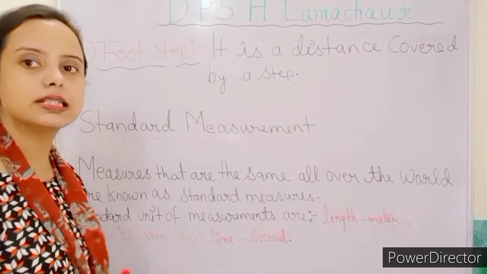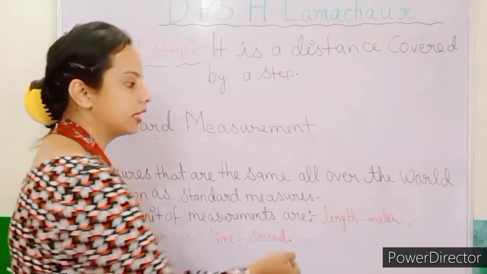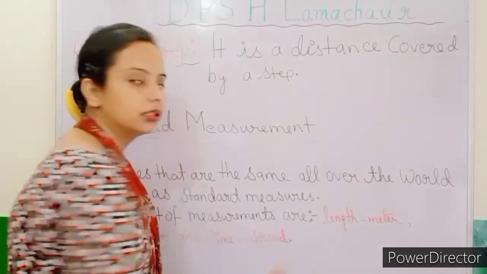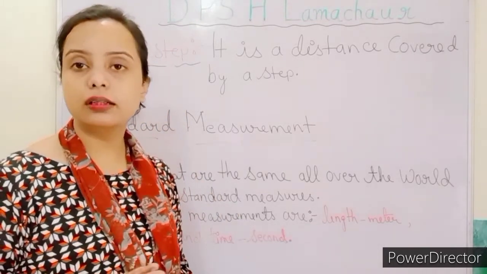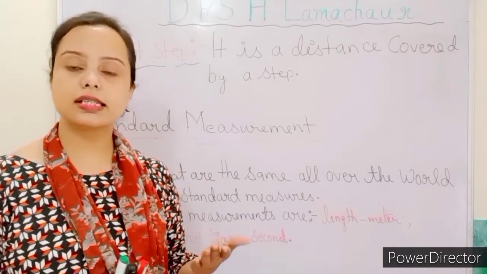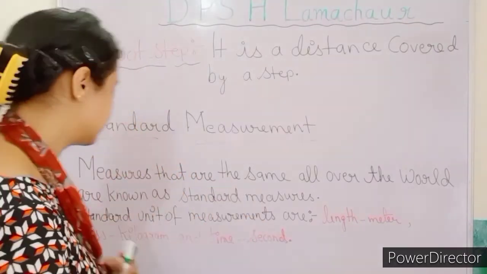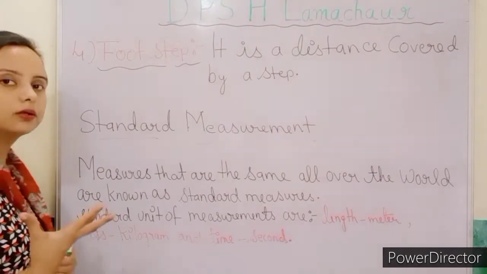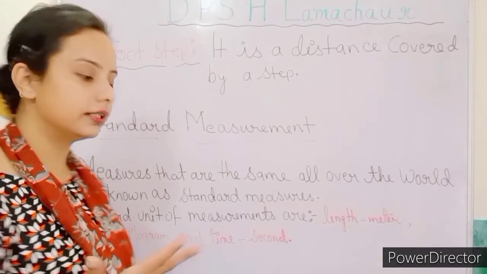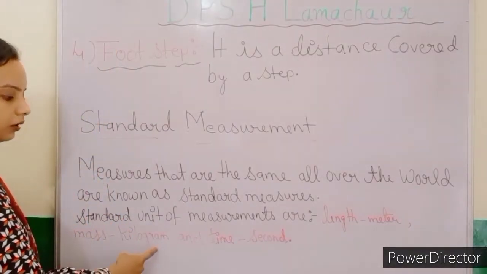If you want to measure the length of any distance, then the standard unit is the meter, or kilometer. Kilometer is used to measure larger distances or the larger unit, we say. If you want to measure the mass of any object, then we will measure it in kilogram.